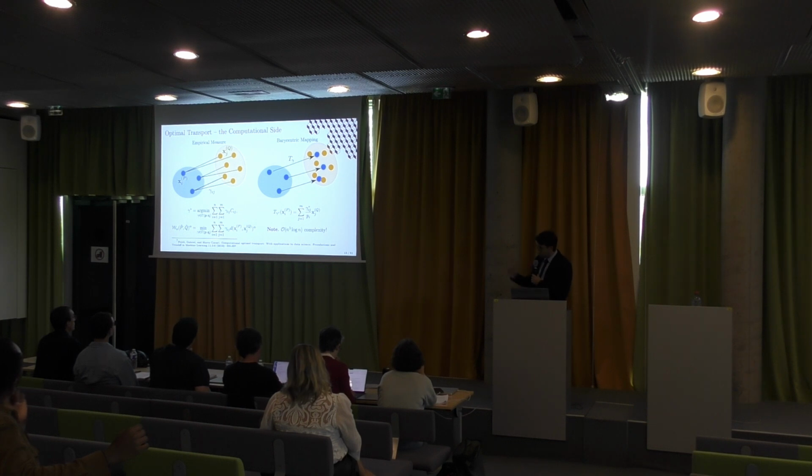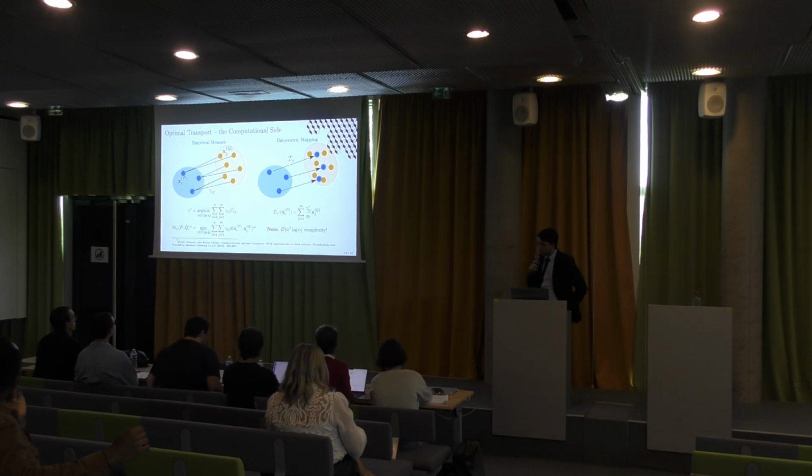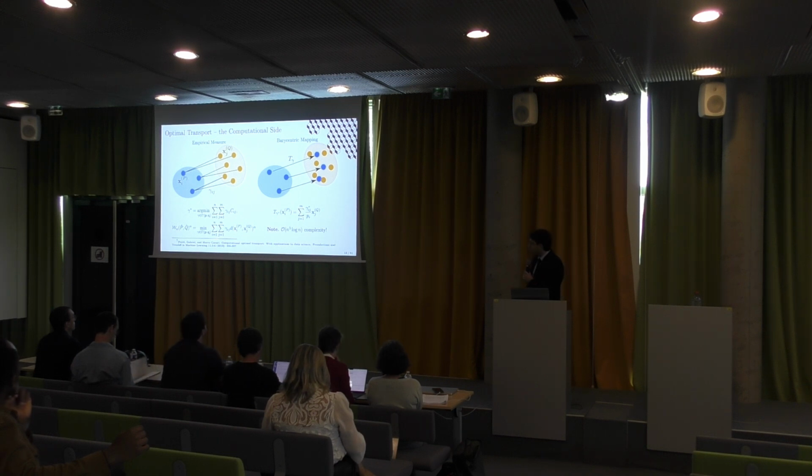So, when we go to the empirical case, much like the economics problem, we have a linear program between your source distribution samples and your target distribution samples. Here, denoted by the blue area and the orange area. You also have a way to compute the Wasserstein distance between these sets of points. Furthermore, sometimes you may want a mapping between these two, let's say, point clouds.